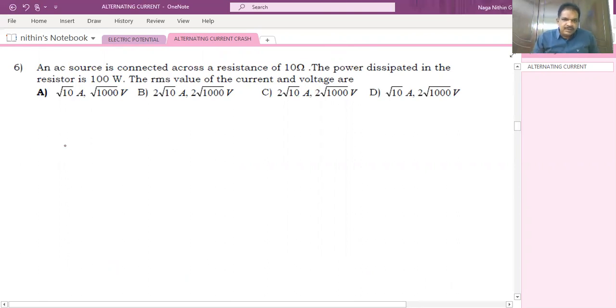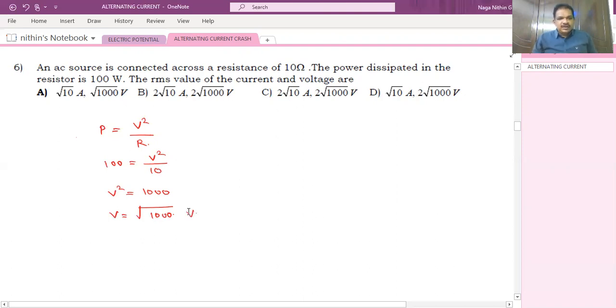Let's see, P is equal to V square by R. This P value 100, V square, R value 10. V square is equal to 1000. V is equal to root 1000 volt.